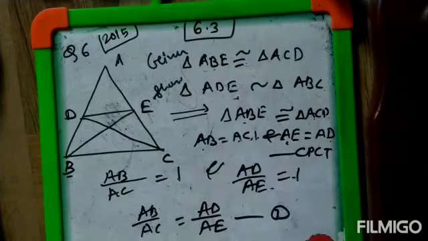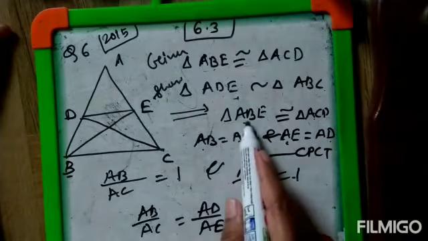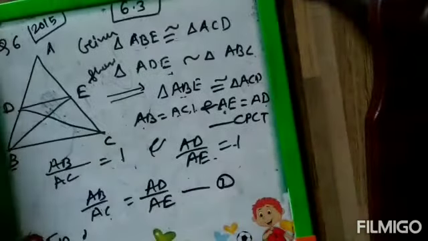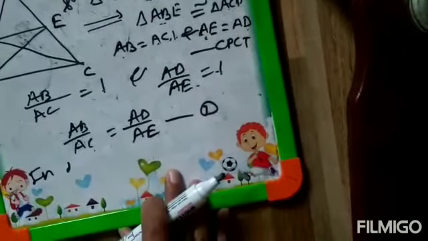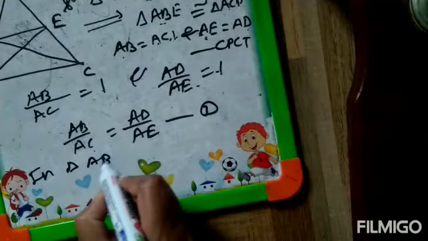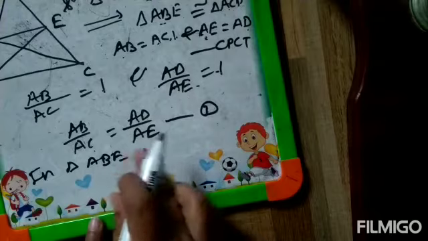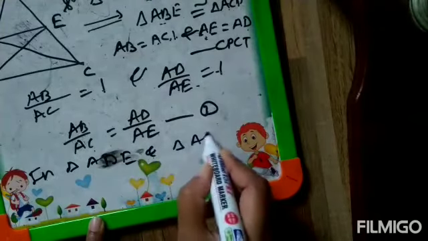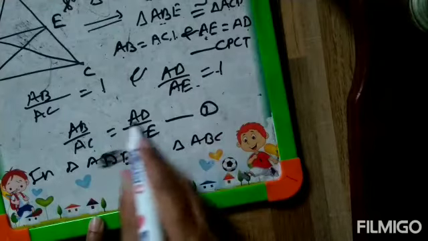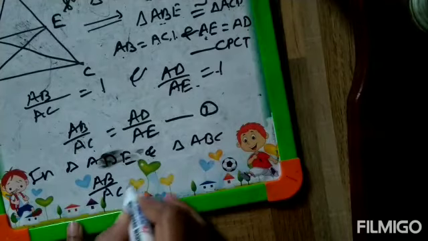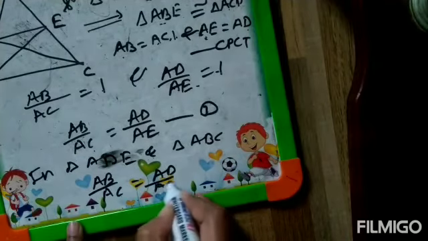Now take the triangles we have to show similar, triangle ADE and triangle ABC. From equation 1, AB upon AC is equal to AD upon AE.